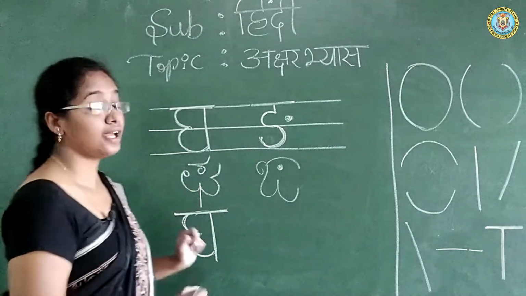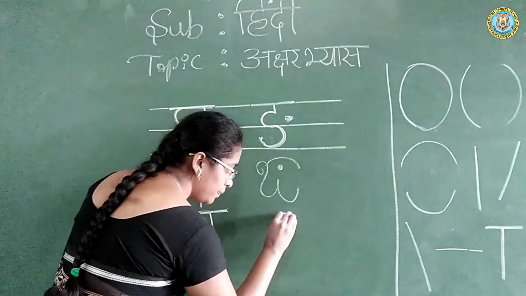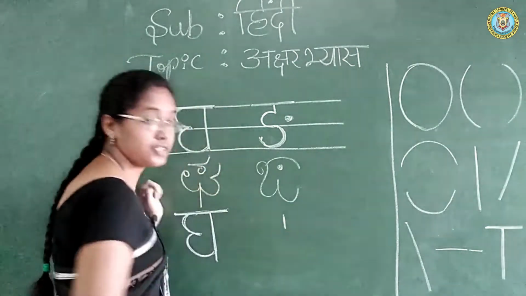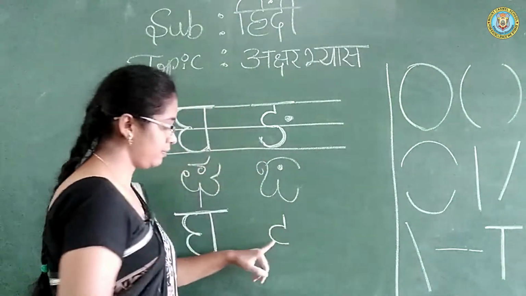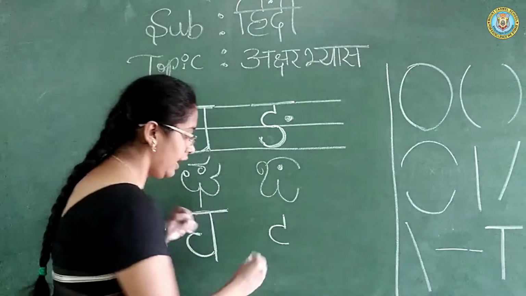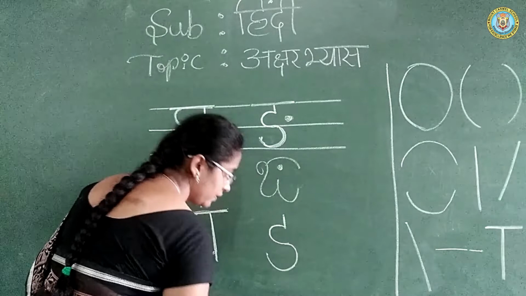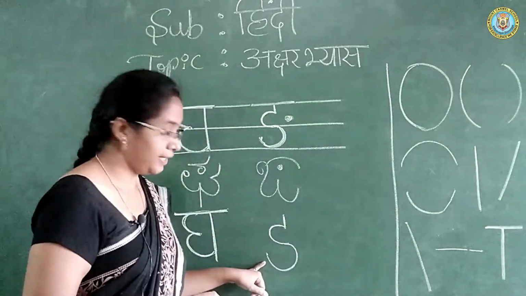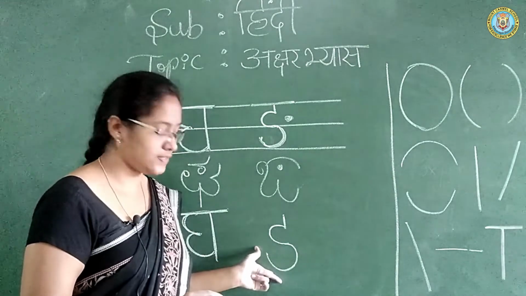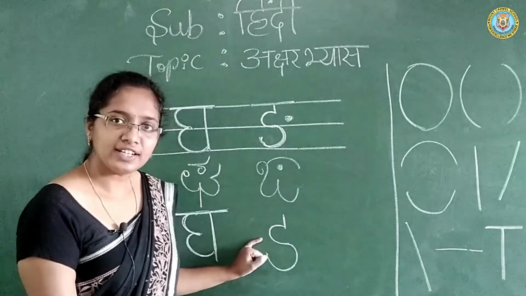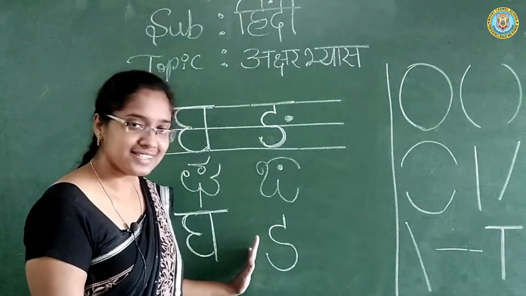Next is nya. The next varna is nya. Put one small standing stroke and write one left curve and another right curve. This should be big. I think all of you recognize this. Does it look like an English letter, an English alphabet? Yes, correct.